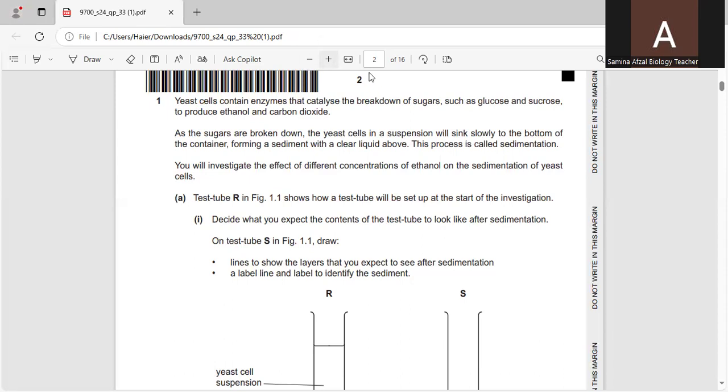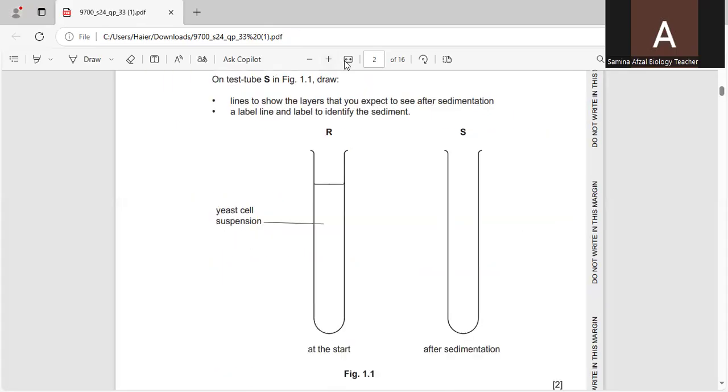Draw a line to show the layers that you expect to see after sedimentation, and label the sediment. So after sedimentation, the level will be the same as in R, and the sediment.